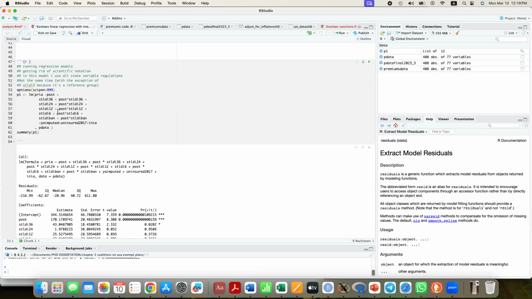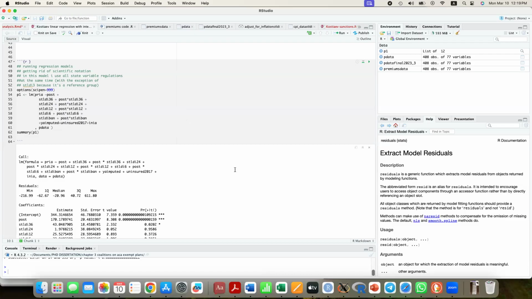And the reason we don't do it, we make it a reference category, which means when we interpret coefficients for interactions, we will compare results to short-term plans for 3 months for this particular policy. And as we remember, premiums inflation adjusted is our variable for premiums, right?